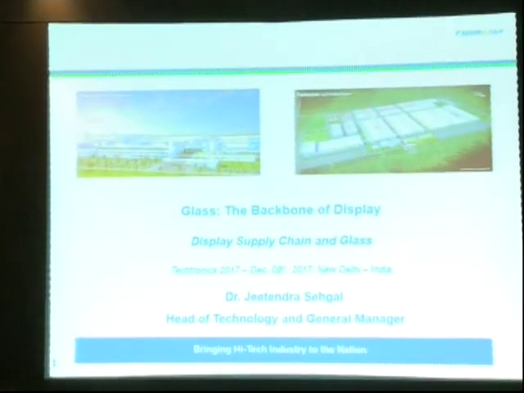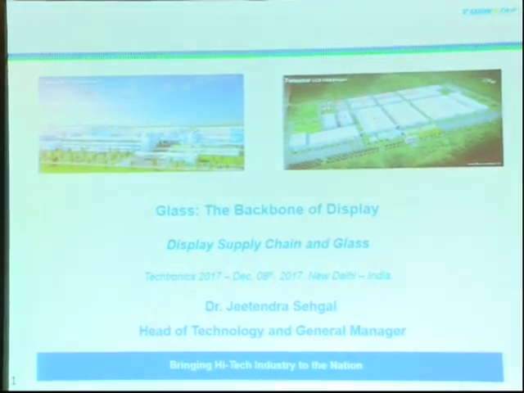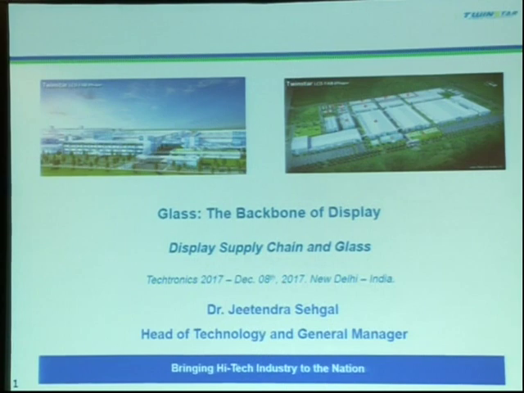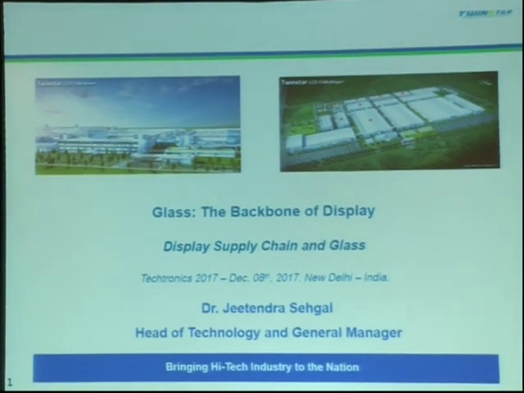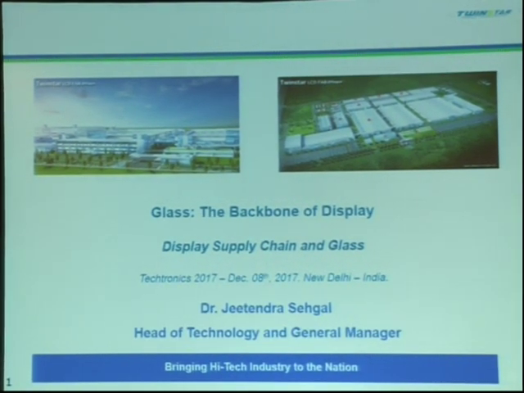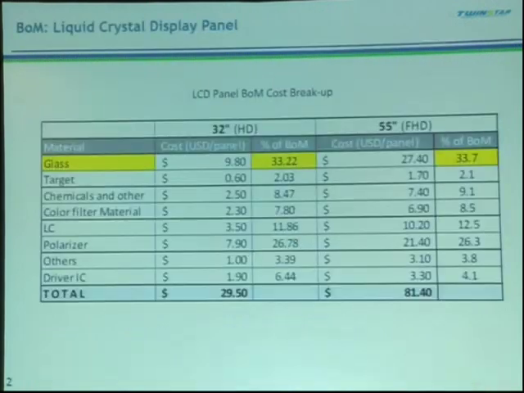In order to fully understand the importance of glass for displays, it is important to know the relative place of glass in the entire supply chain of displays, and in particular liquid crystal displays. Now, if you look at the bill of materials of an LCD open cell panel, you can see clearly that glass occupies the top position with 1/3 of the bill of materials by the glass substrate.